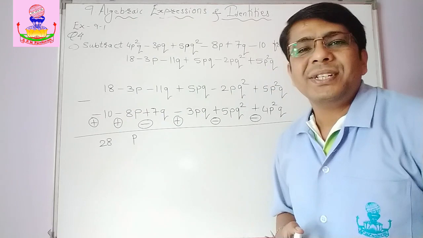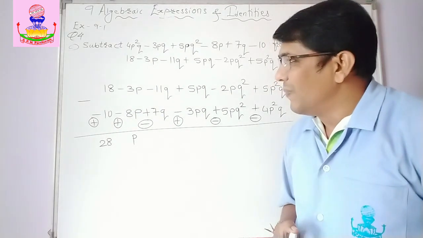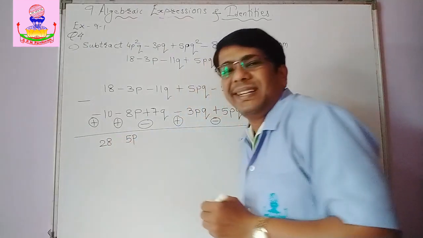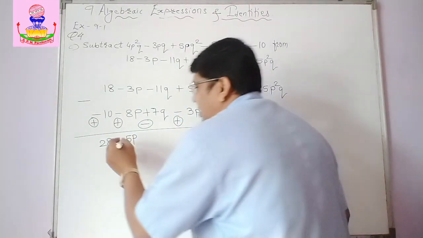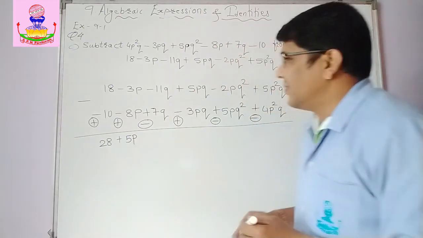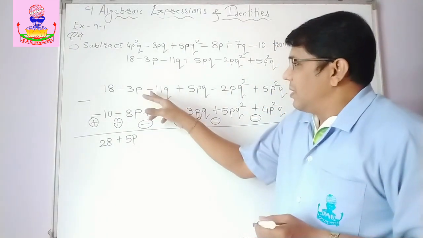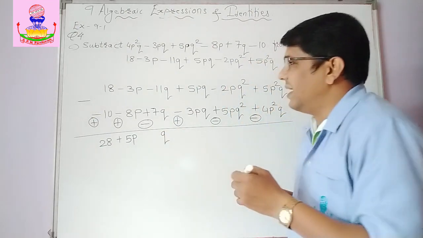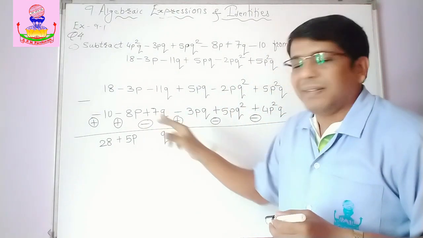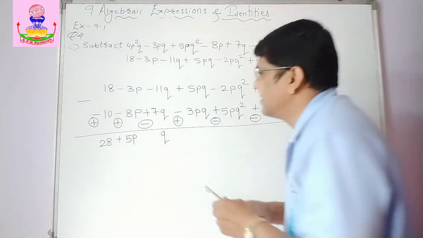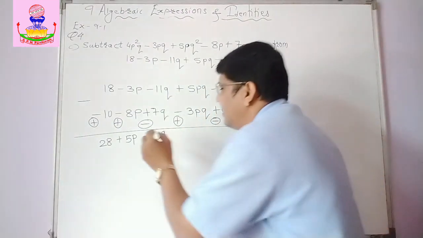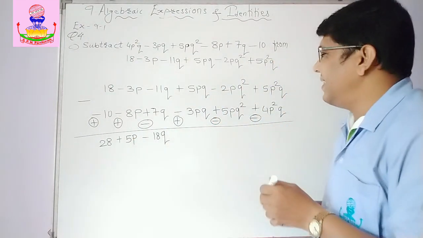Minus 3 plus 8, difference in sign, go for subtraction. So 8 minus 3, 5. Who is the bigger number? Obviously 8. What sign has it got? Plus. Okay. Then q. So write here q. Okay. Then minus 11 minus 7. Similarity in the sign, do addition. 11 plus 7, 18. And give the same sign, minus.